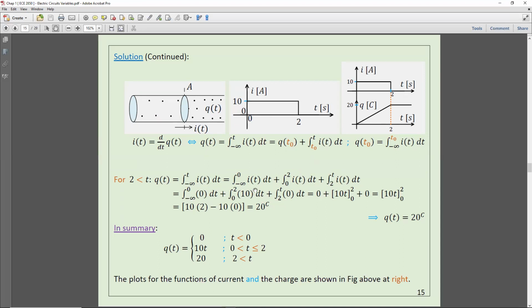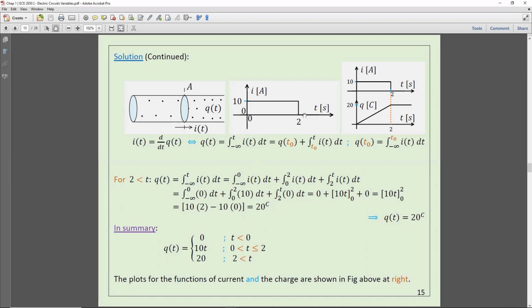The second part, i of t, was constant 10, from 0 until 2. Anyway, you can for sure do the calculations, but the intuition can be used to verify your answers.